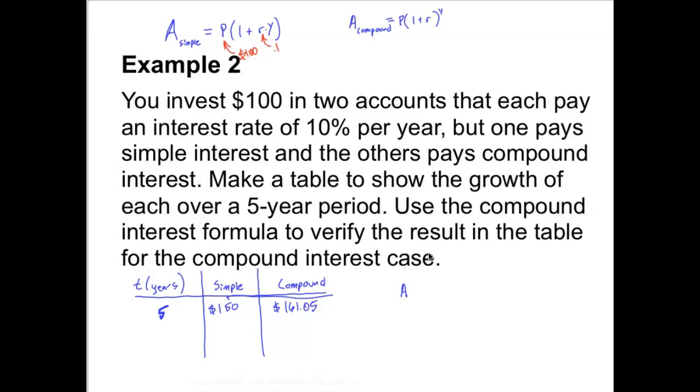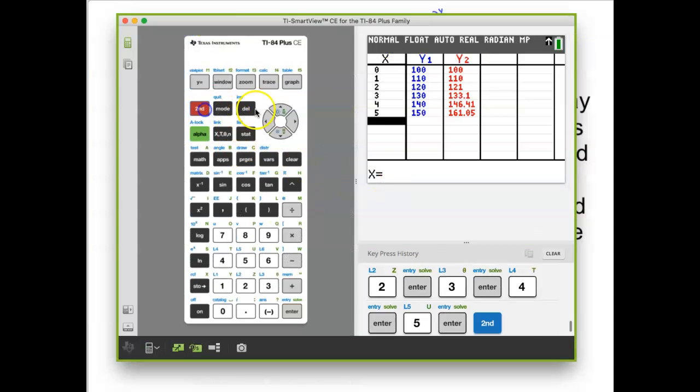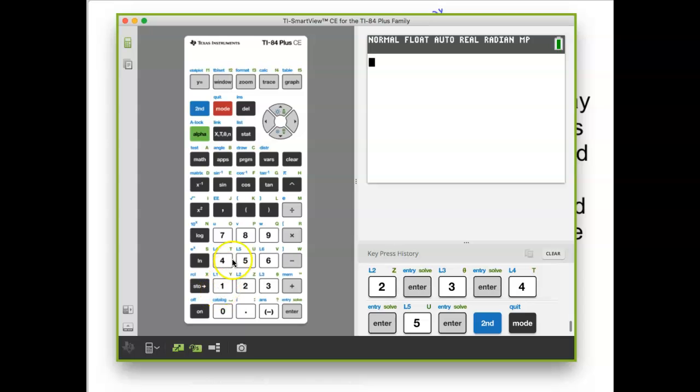So if I wanted to figure out how much was in the account after 5 years, I start with my principal, 100, 1 plus 0.1, which is our interest rate, and then I should raise that to the 5th power. So 100 times 1 plus 0.1 to the 5th.